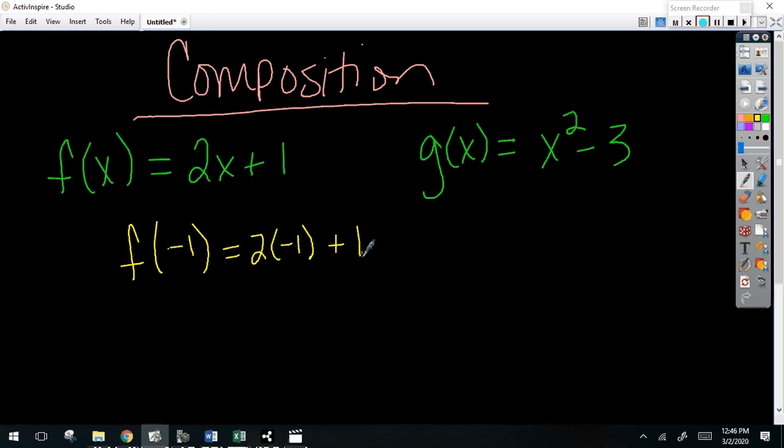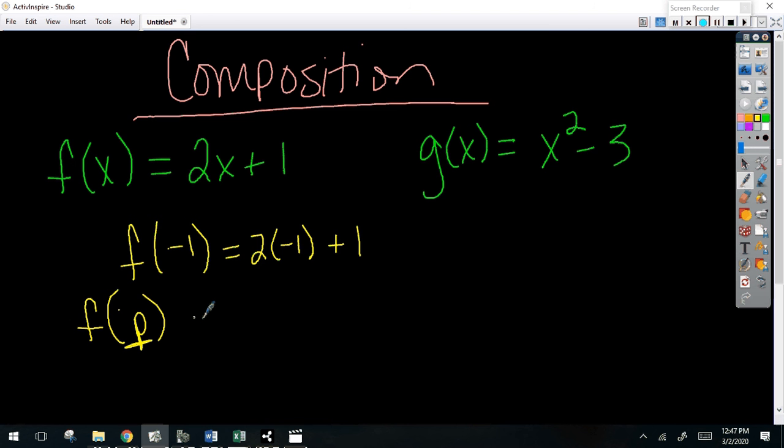What if I asked you to find f of k? I'm not going to use k. That doesn't look very nice. Let's say f of p. What would you do then? You just plug it in for x, right?